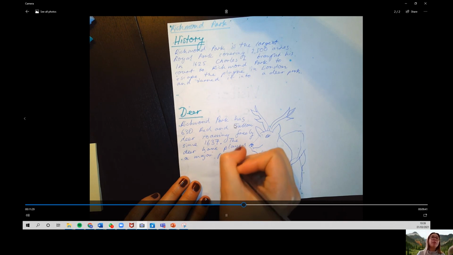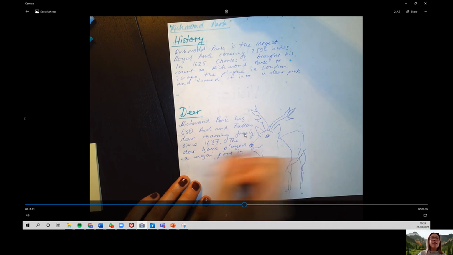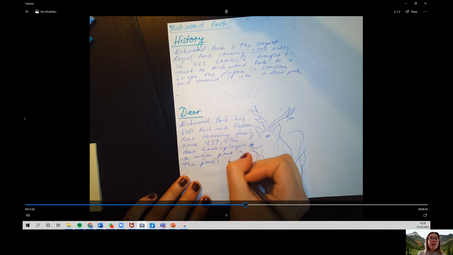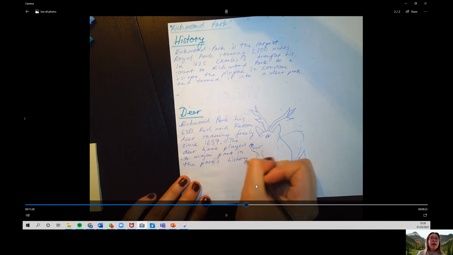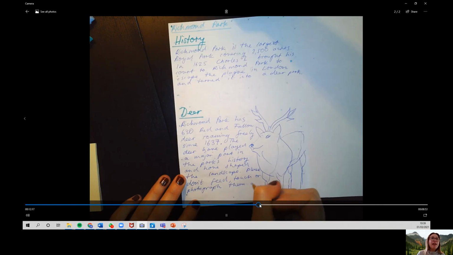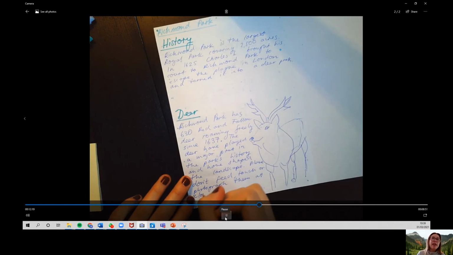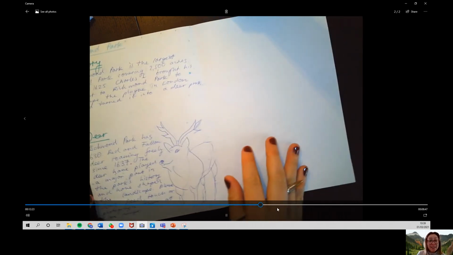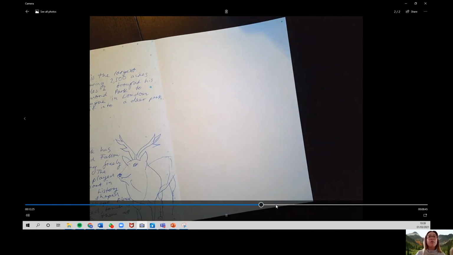So I've written here, Richmond Park has 630 red and fallow deer roaming freely since 1637. The deer have played a major part in the park's history. And then I've included a note to say, please don't feed, touch or photograph them at close range, because that's information I got from the website.